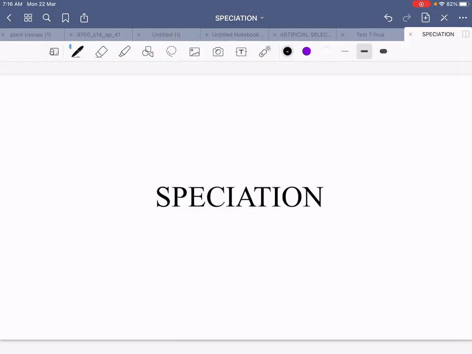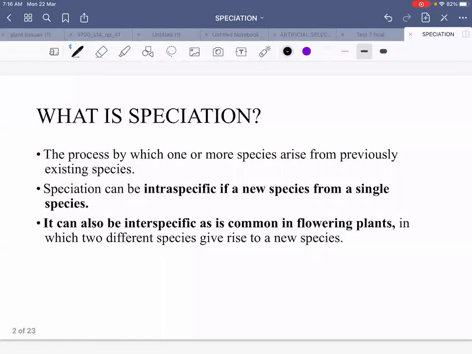Okay, so guys, today we are going to start this topic of speciation. In fact, I'm just going to wrap up a sort of recap from what we did last time. As the name indicates, it is the evolution of one or more species which arises from previously existing species.